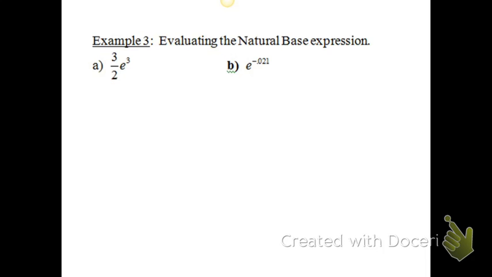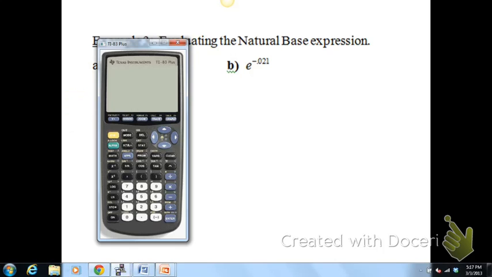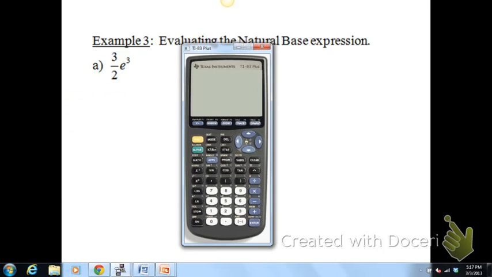Something else you should be able to do is evaluate the natural base expression. What I mean by that is we need to actually use our calculators now to figure out what this equals, or at least approximately. So what I'm going to do is bring up my calculator, and I'm just going to type in exactly what we see.